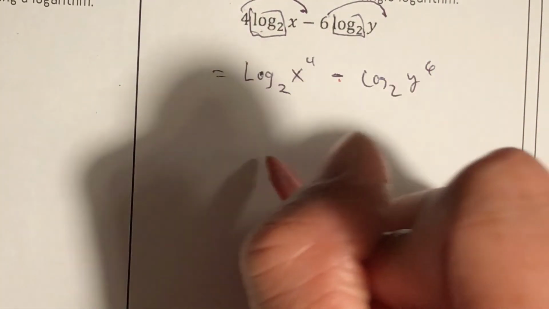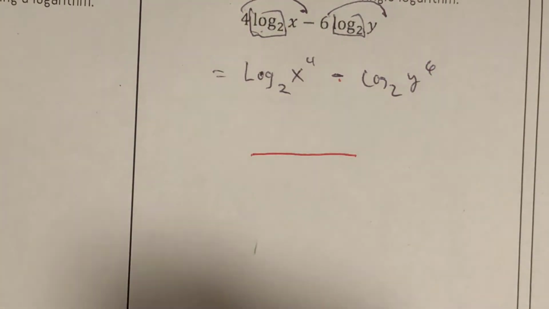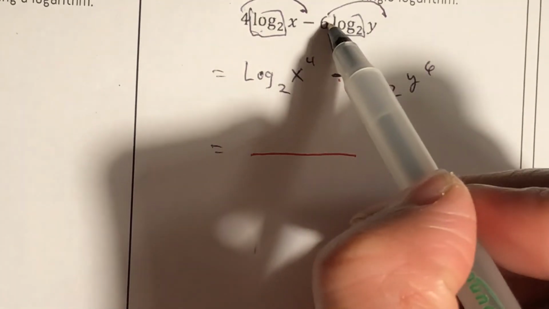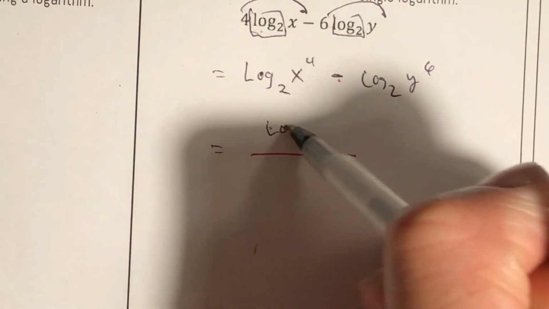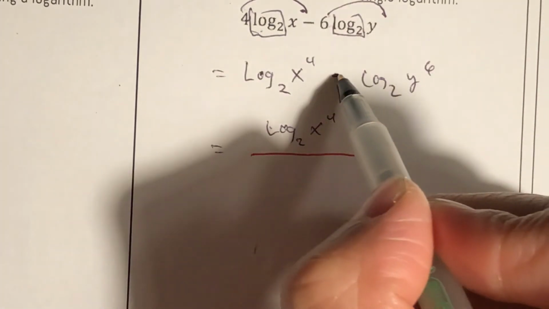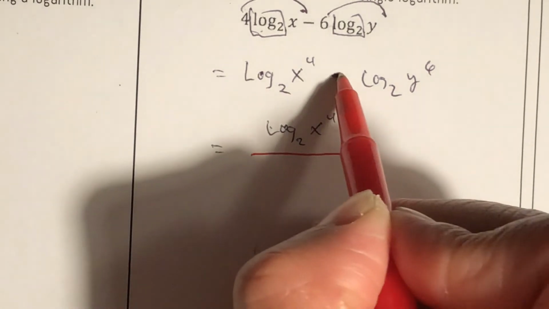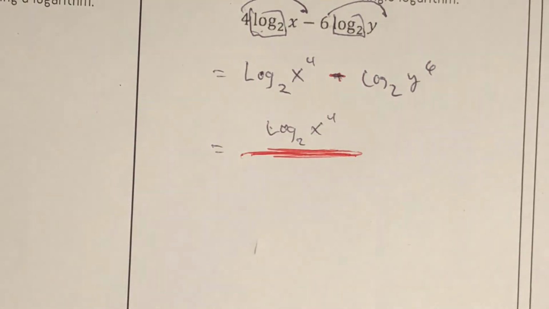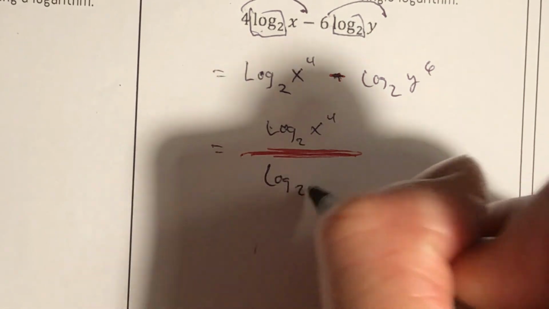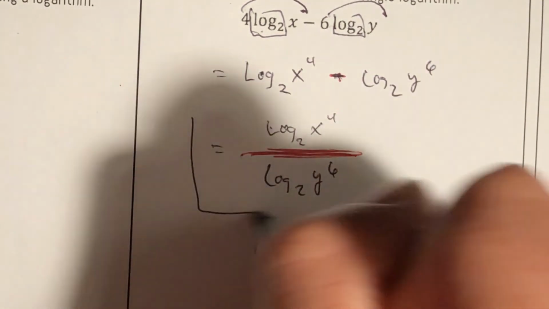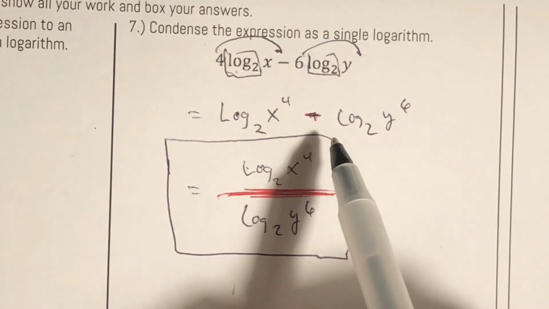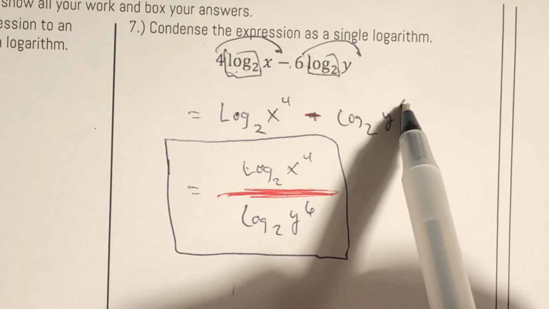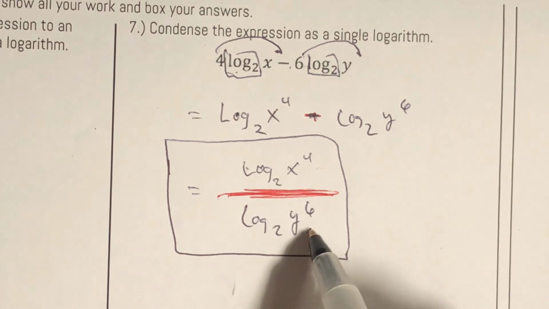Now when you see subtraction, that becomes division. So log base 2 of x to the 4th power, my minus sign becomes a big division sign, over log base 2 of y to the 6th power. This would be your answer. What I was going to say is that if you chose to put negative 6 up here, remember, negative exponents move downstairs.